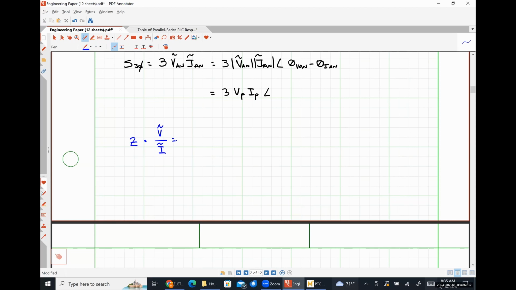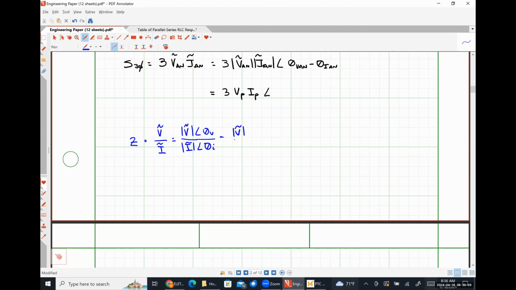So that would be the magnitude of V over the magnitude of I, and this would have an angle theta V, and this guy would have an angle of theta I.